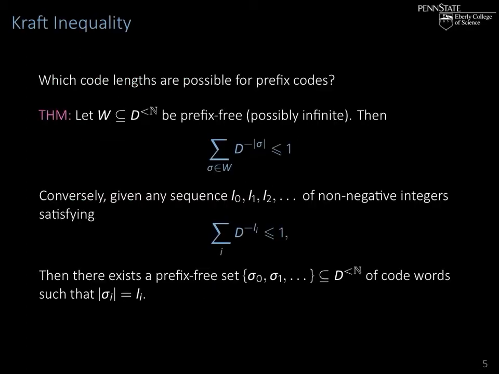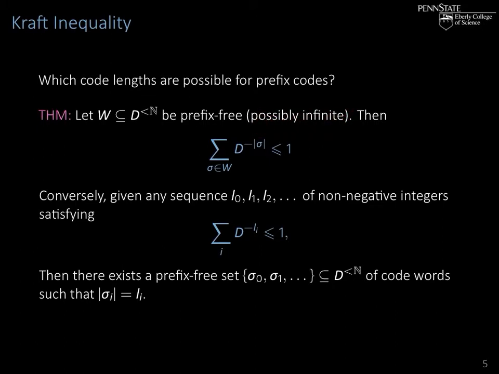Well, we now come to one of the fundamental restrictions and results for prefix codes, which is the Kraft inequality. The Kraft inequality puts an essential restriction on the way we can design prefix codes. So the theorem is as follows. Suppose we have a prefix-free subset W of strings over the alphabet D, our coding alphabet, and it's possibly infinite, right?